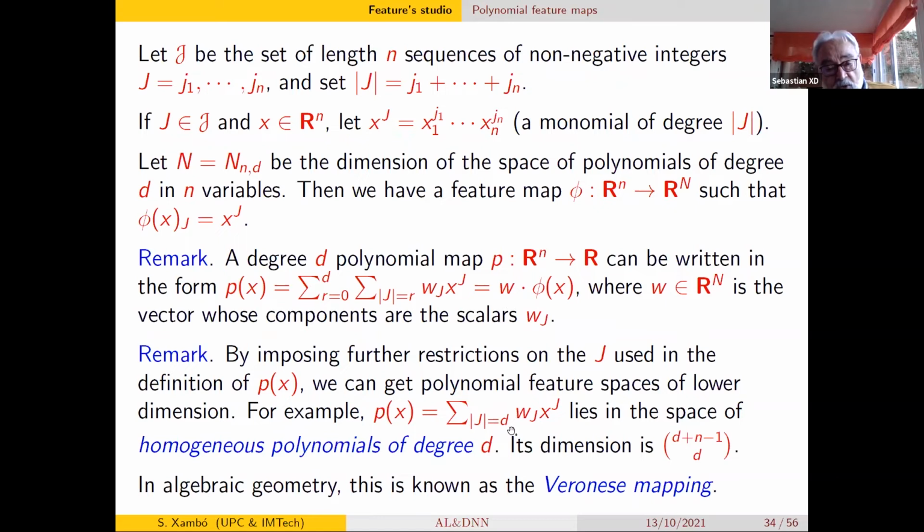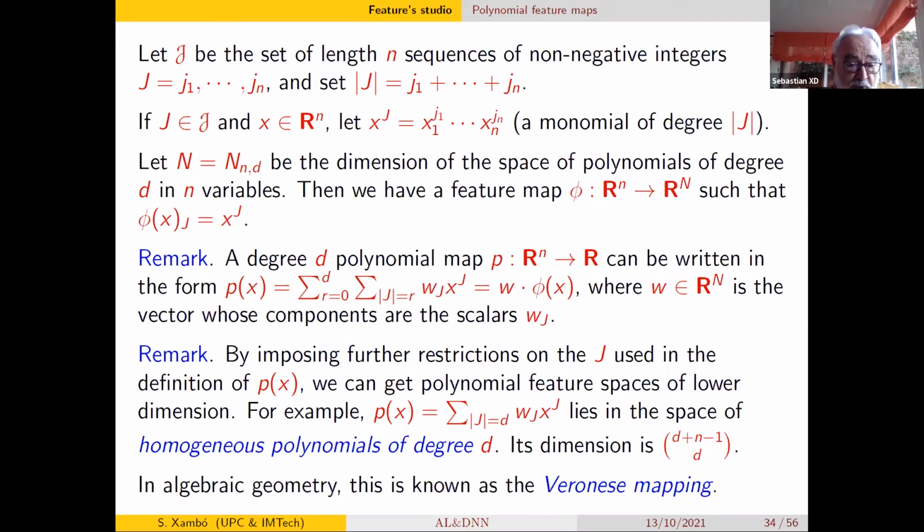sequences of absolute value d, then this is a homogeneous polynomial of degree d. And the dimension of these polynomials is (d+n-1 choose d), this combinatorial number. Then the dimension of the polynomials is counting, adding up all the homogeneous parts of the polynomials from d-1 all the way to d equals 0.